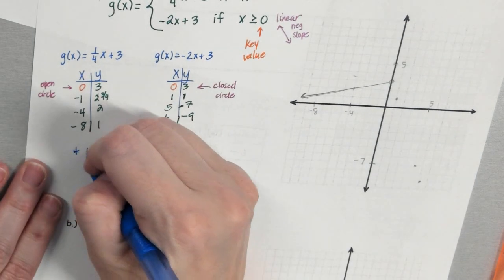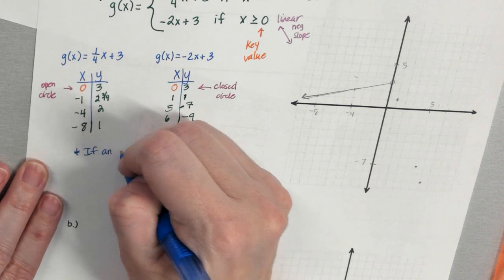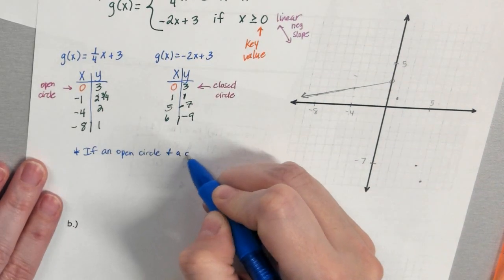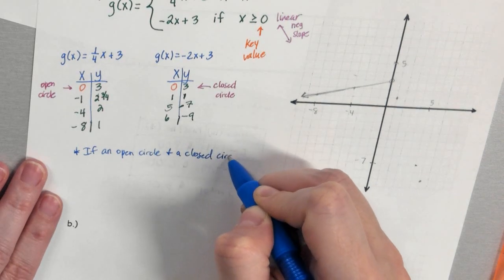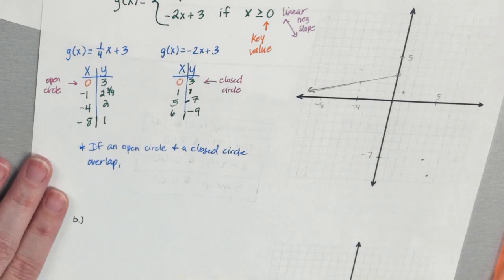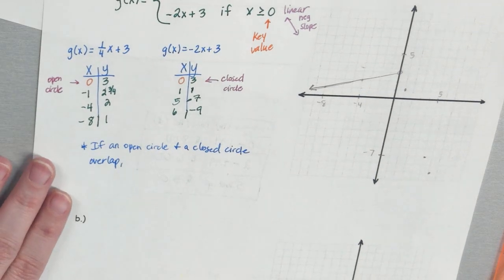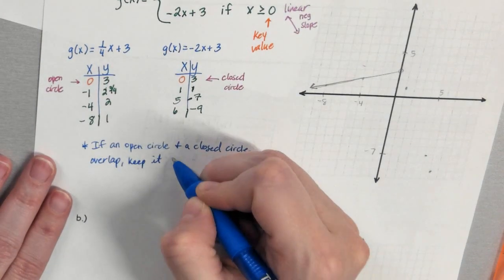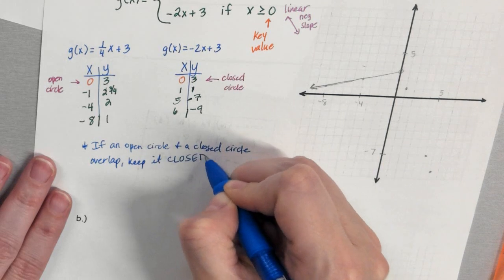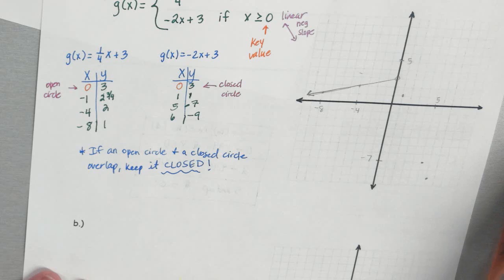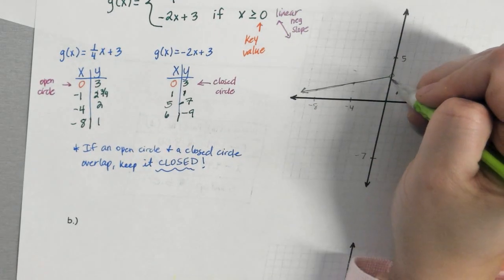If an open circle and a closed circle overlap, you need to keep it closed. So the closed trumps the open circle. Yep, so we're going to fill it in.